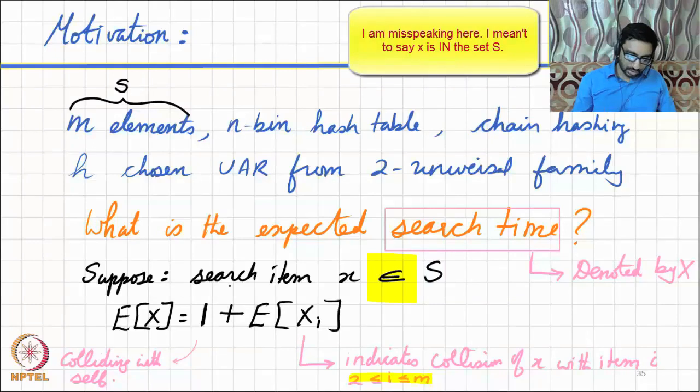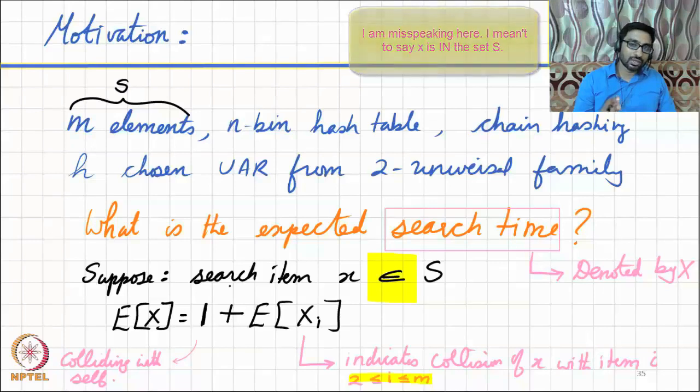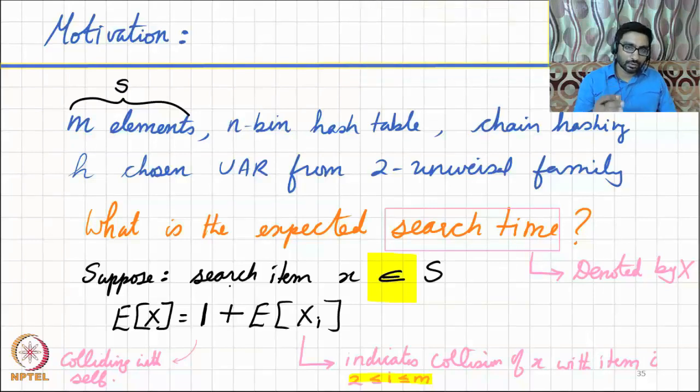Well, we can similarly bound the expectation of X, but now we need to be a bit careful. Because x is in the dictionary, we cannot use the indicator random variable for the item x in the dictionary, because x will collide with itself with probability 1. So we're going to isolate that with a separate 1, and for the remaining cases we're going to use X_i.